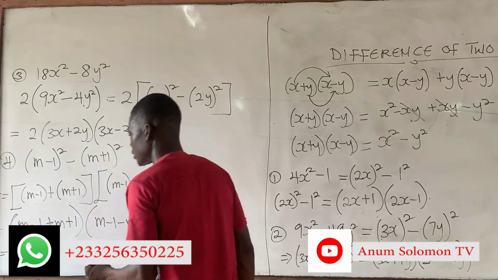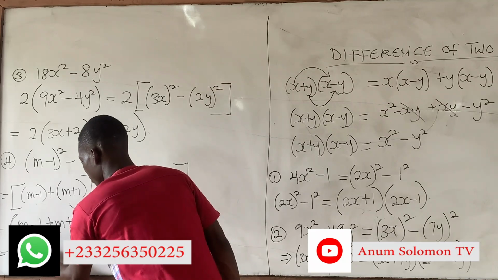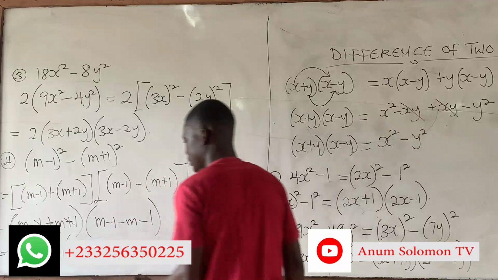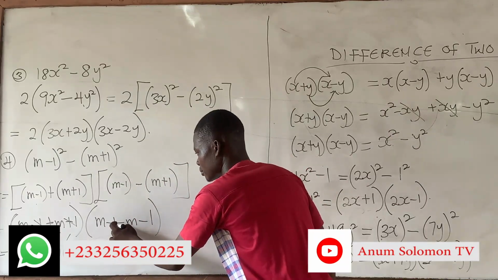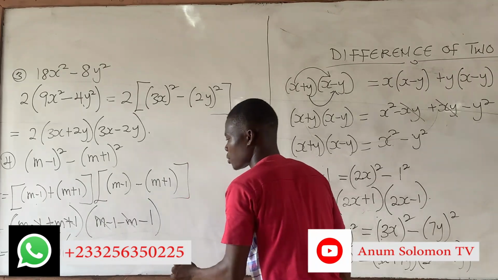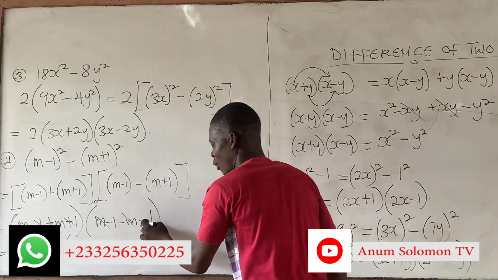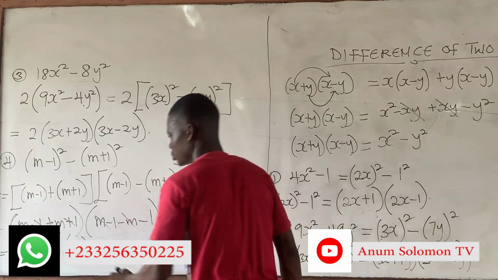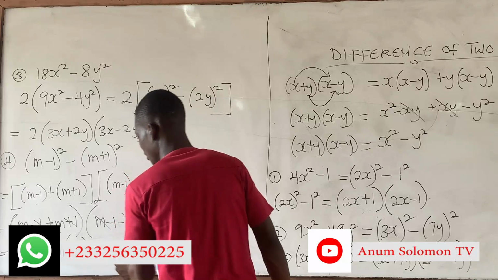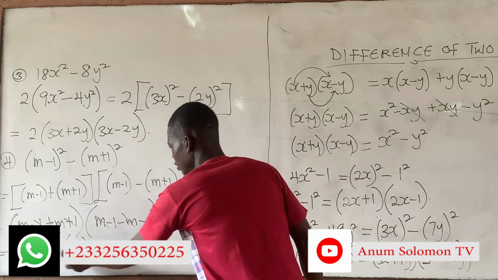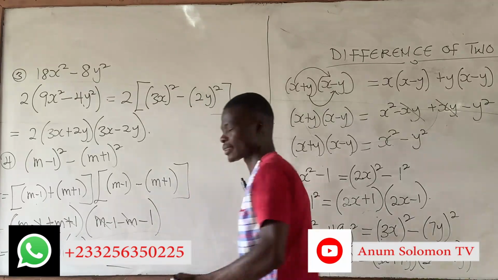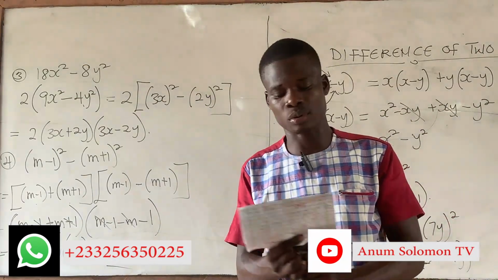We have m plus m, which is 2m, minus 1 plus 1 is 0. In the other bracket, m minus m is 0, and minus 1 minus 1 is minus 2. On this note, this is our final answer. We can rewrite this as 2m times minus 2, which is minus 4m. So this is our result from this one.